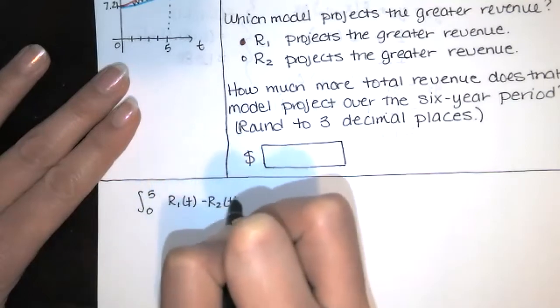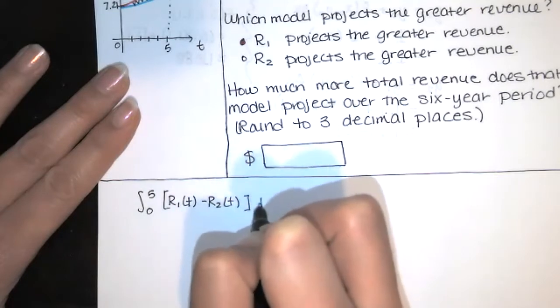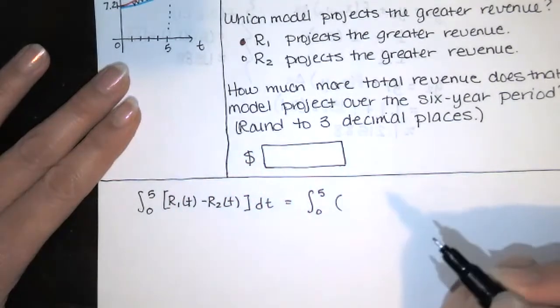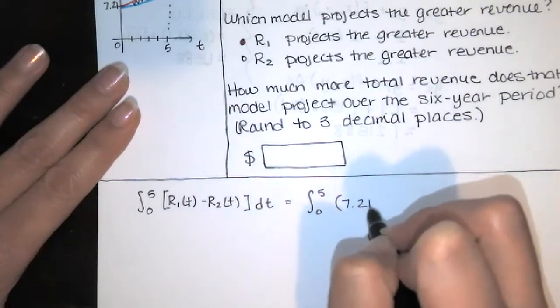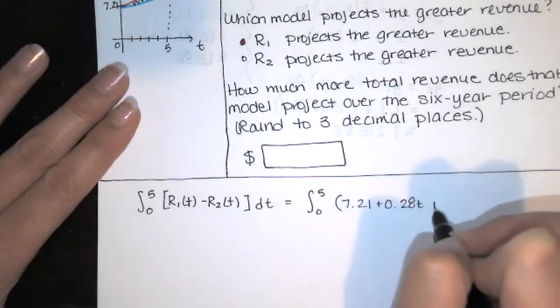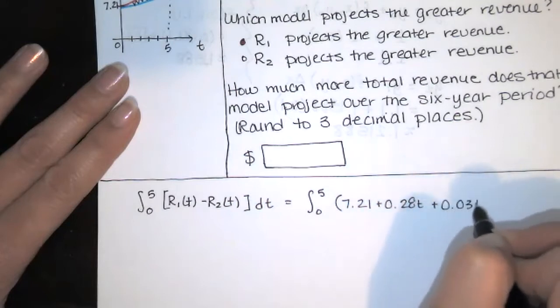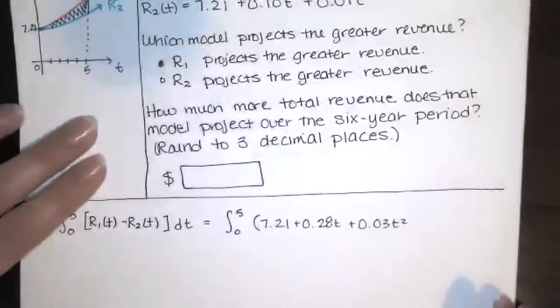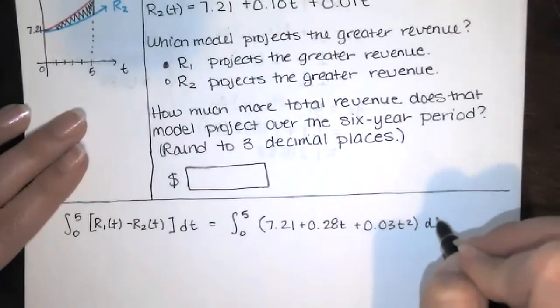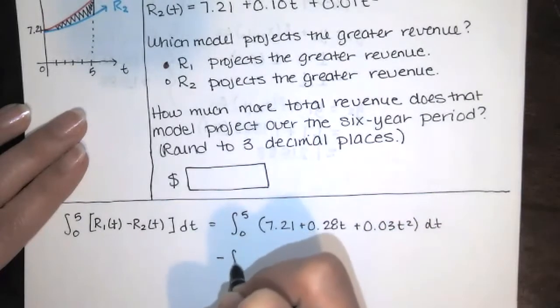That's top function minus bottom function. And the top function was 7.21 plus 0.28 t plus 0.03 t squared. And because I'm running out of space, I'll just make a second integral for the second one.